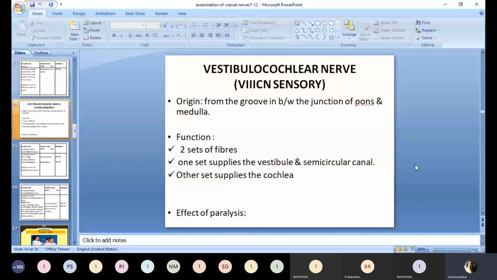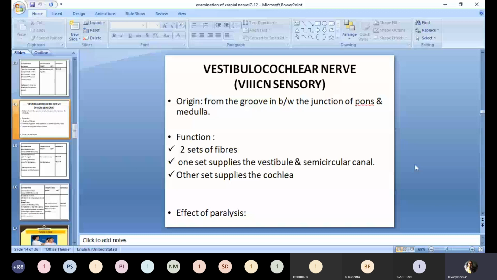The set of fibers which supplies the vestibule and the semicircular canals is mainly concerned with the maintenance of balance, equilibrium, and the sensation of bodily displacement. Whereas the other set which supplies the cochlea is mainly concerned with hearing.